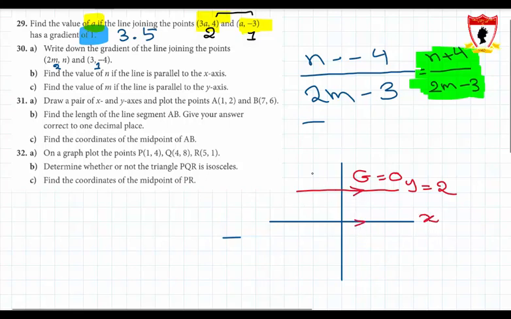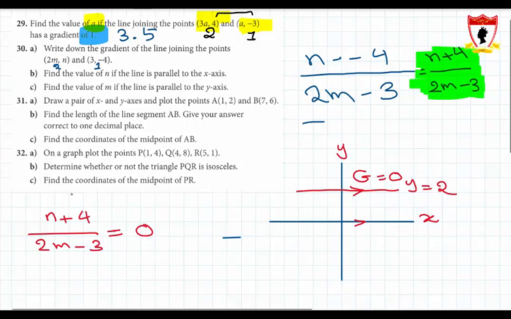This is the x-axis and this is the y-axis. The gradient of any line parallel to the x-axis is 0. It means this gradient that we found, n plus 4 over 2m minus 3, must be equal to 0.